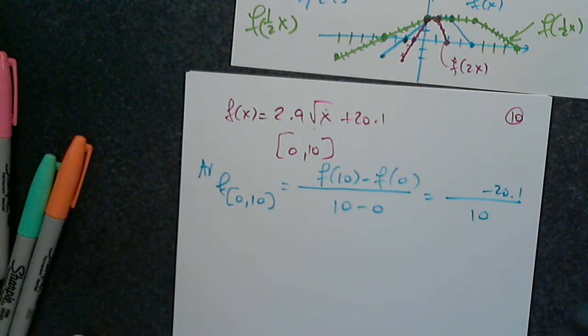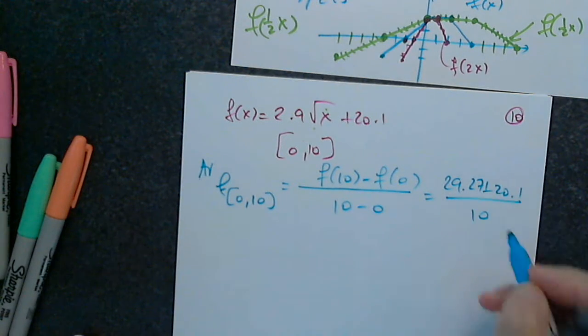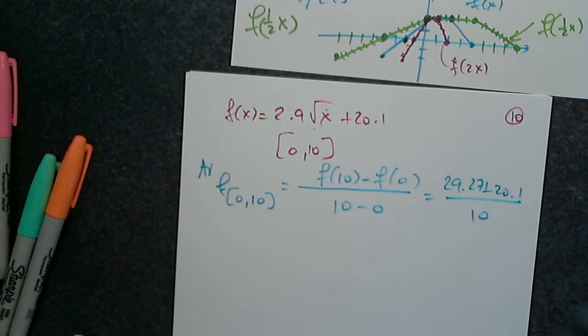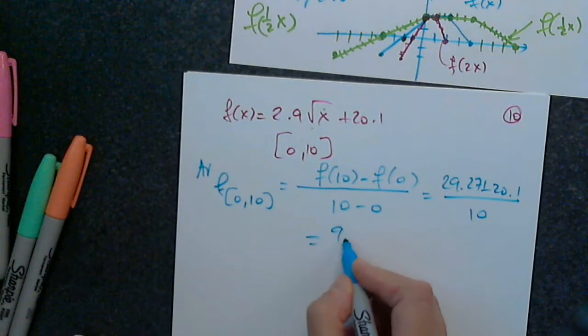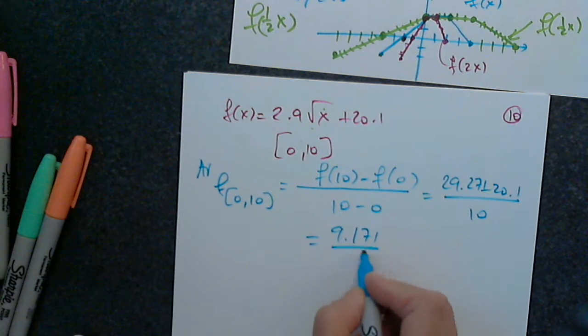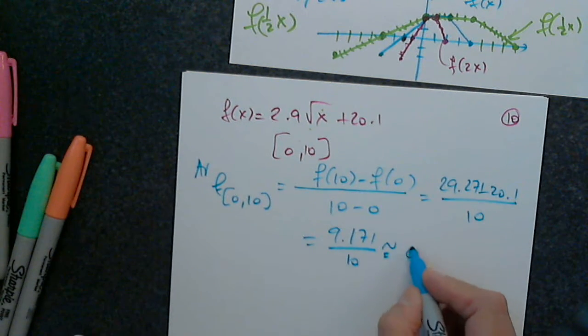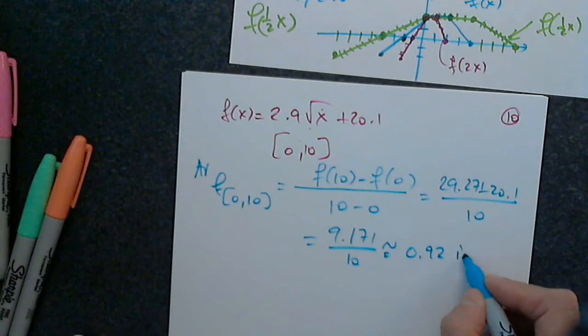The denominator is 10. In the graphing calculator, I will plug in 10 and see what I get. I got 29.271. So 29.271 minus 20.1 is 9.171, divided by 10, which is approximately 0.92 inches.